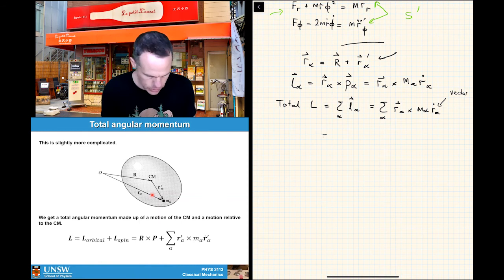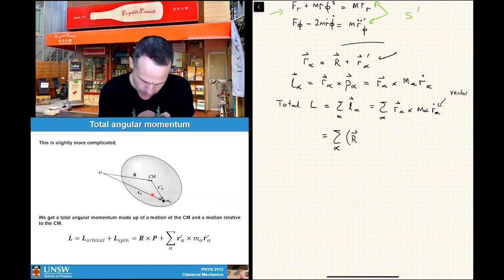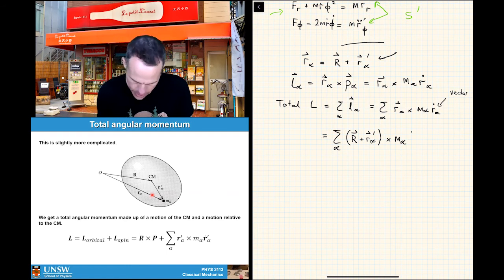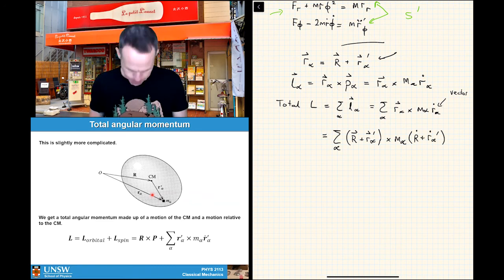Now, one thing we can use in here is our term for r alpha just up above. So what we can do is write this as sum over alpha of big R plus R alpha dash, times M alpha, and that times is actually a vector cross product, just to be clear, R dot plus R alpha dot dash, okay?